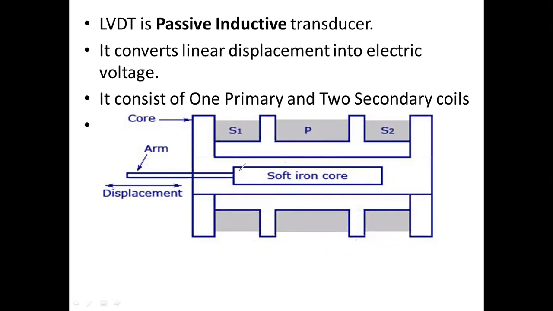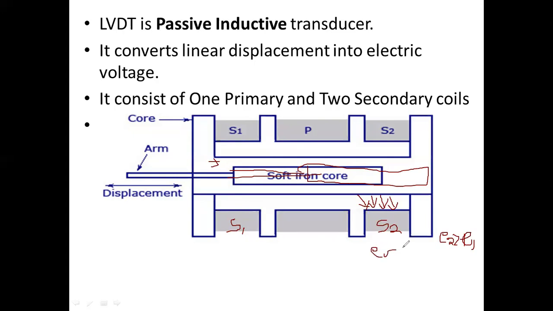Suppose instead the soft iron moves from here to here, completely related to the S2 winding. I push the iron inside that one. So the flux linkage to S1 will decrease and the flux linkage of S2 will increase. In that situation, E2 is greater than E1.